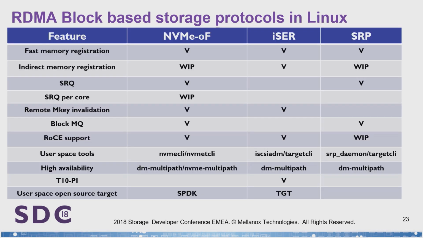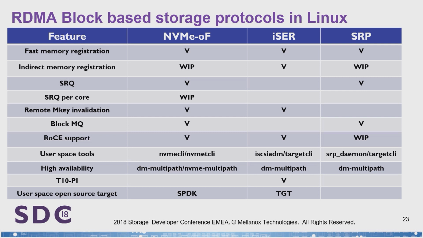This is a summary of the protocols and features that are implemented in Linux block storage. I compared NVMe over Fabrics, iSER, and the SRP drivers. The first feature is fast memory registration. We must have it in all of the drivers. This is the basis of RDMA.